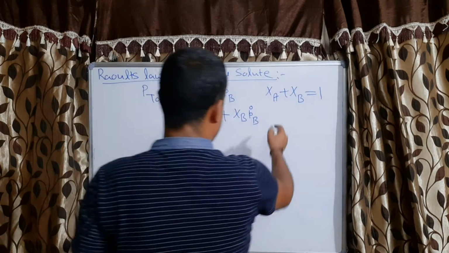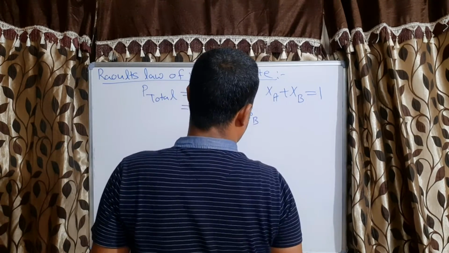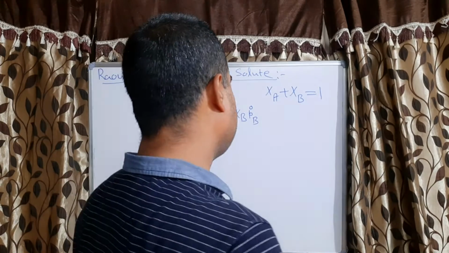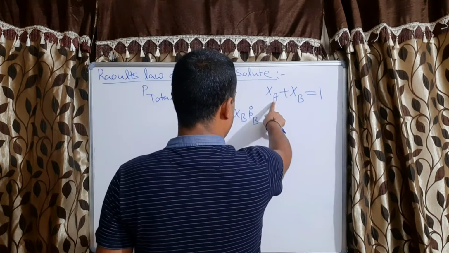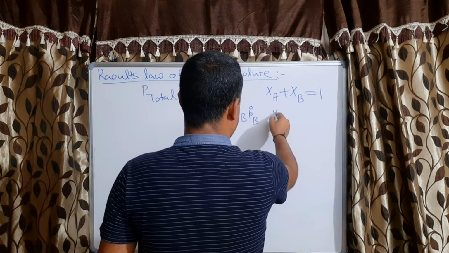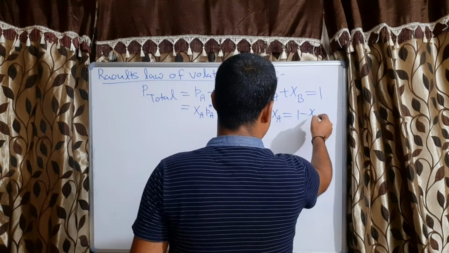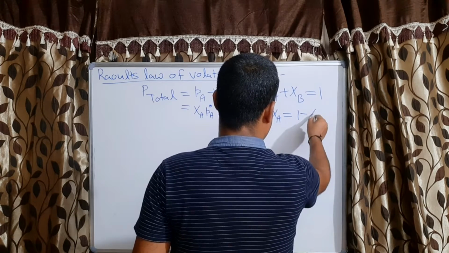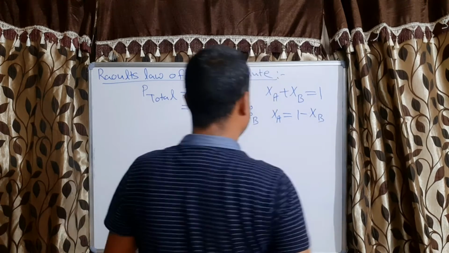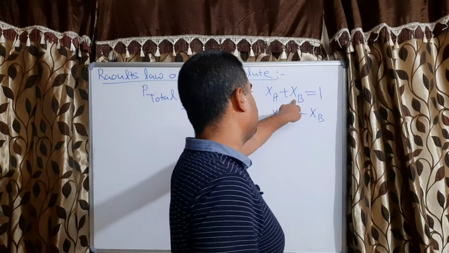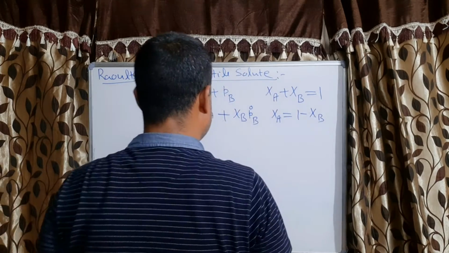Okay, so any component we can define in terms of the other components. Suppose if we want to define A, then XA will be equal to 1 minus XB. Or similarly, XB also we can represent in terms of A, correct?